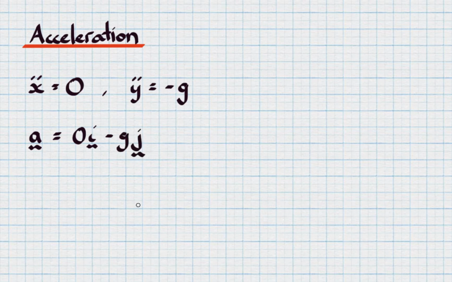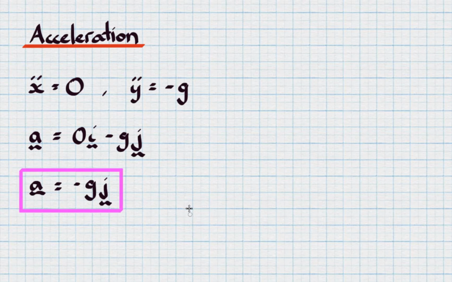And so obviously this can be simplified to be minus g times the unit vector j. And so this is the acceleration vector of a projectile throughout the entire flight.